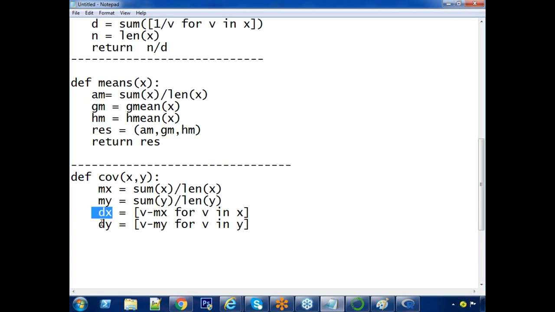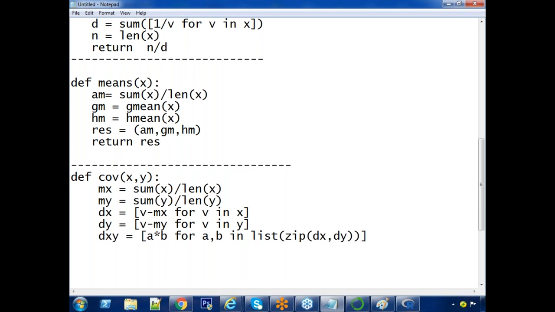Now this is one list, this is one list. Corresponding elements should be multiplied. For that also I have shown you at a time how to iterate through multiple lists. The product dxy, I am saying: a into b for a, b in list of zip of dx, dy.